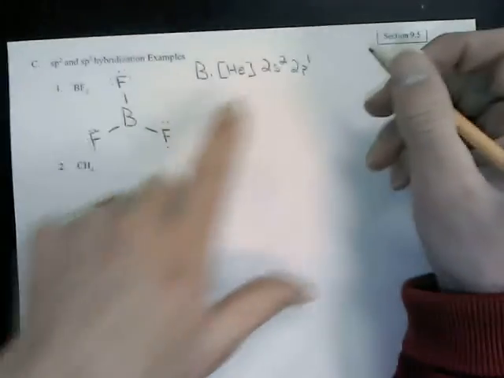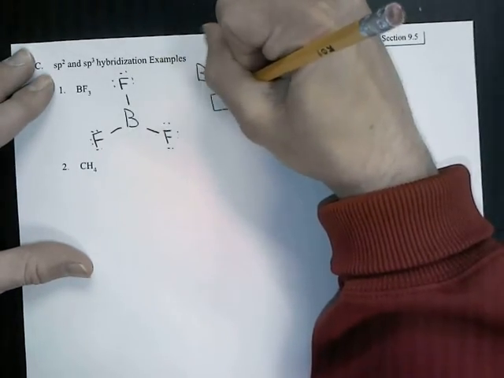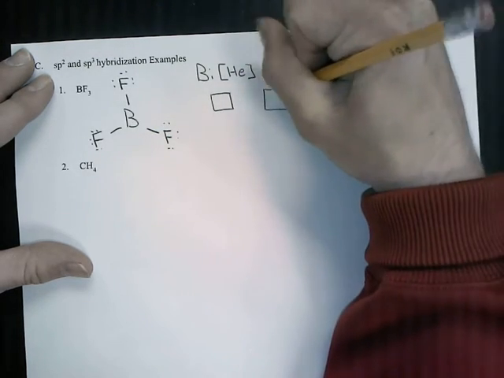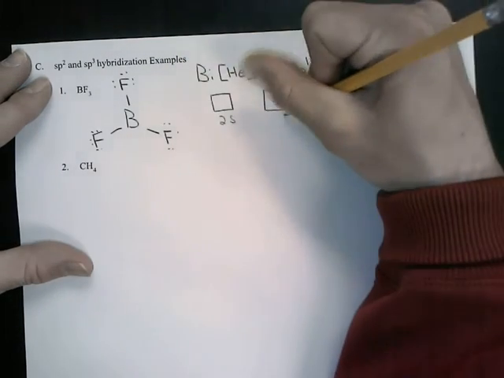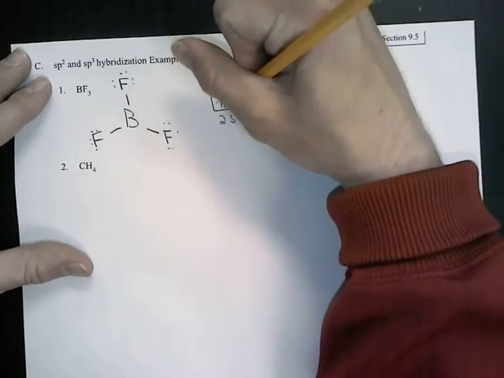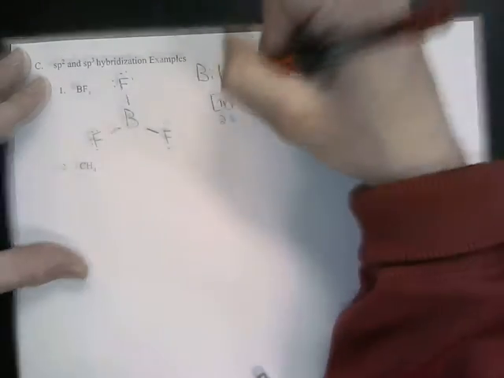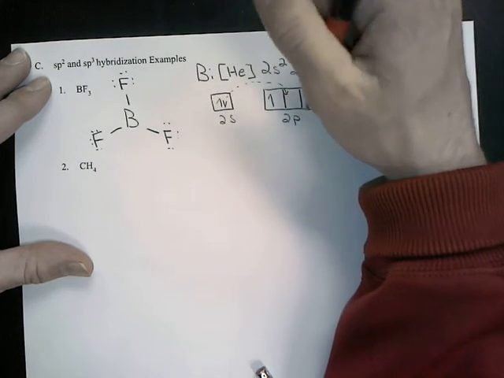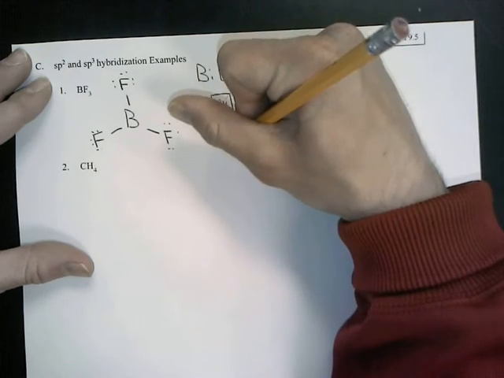But specifically where this comes from is as follows. We would get our ground state electron configuration, our orbitals here would look like this. And then essentially what happens here is you promote this electron to allow for that bonding around the central atom. So what you would get is this.